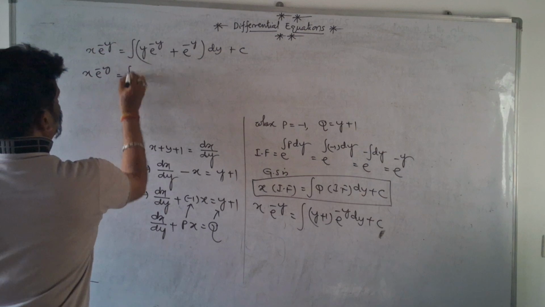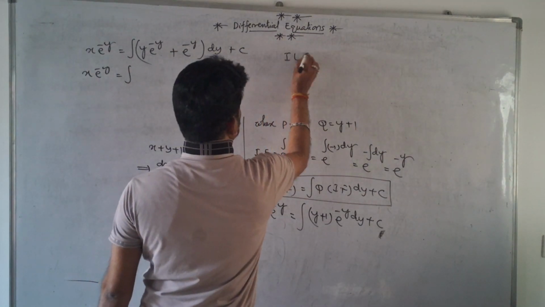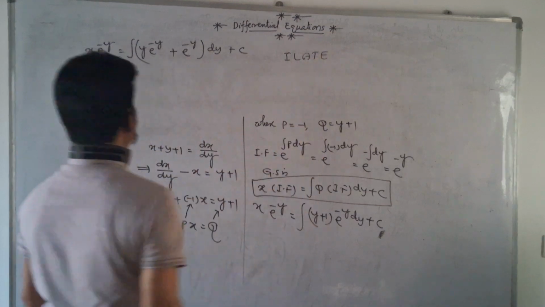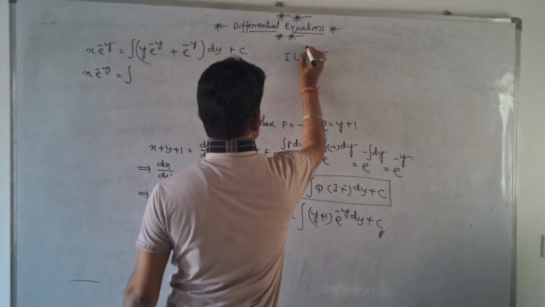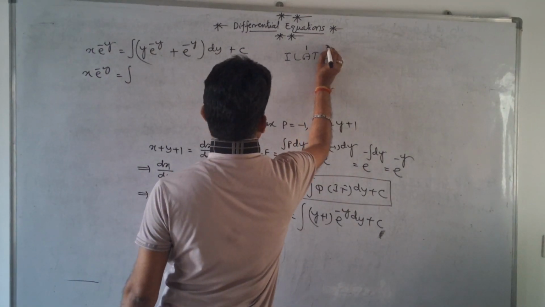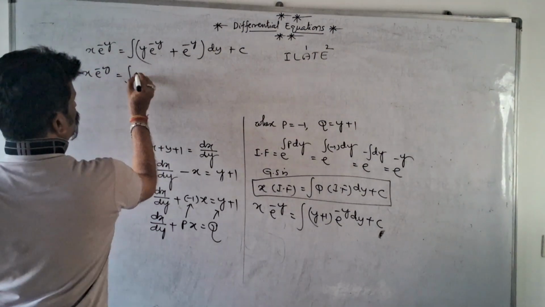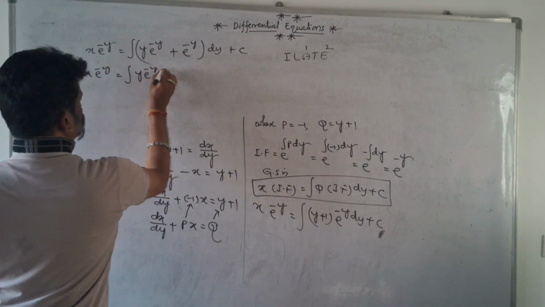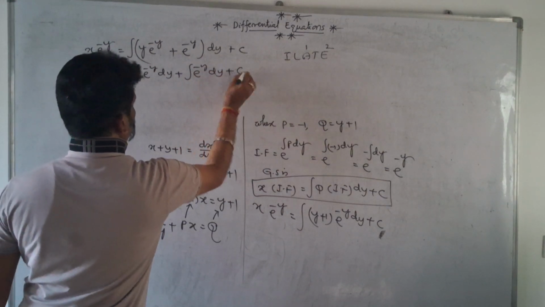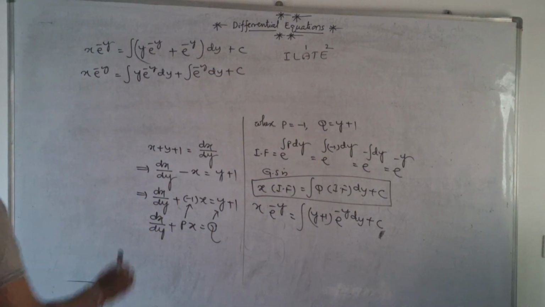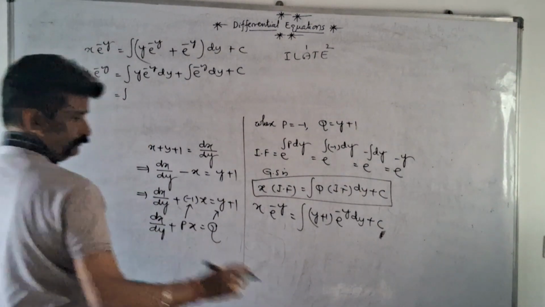Now this is, according to the Euler formula, inverse is not there, logarithm is not there, algebra is there and the exponential function is there. So the integral of y e to the power of -y dy plus the integral of e to the power of -y dy plus c.